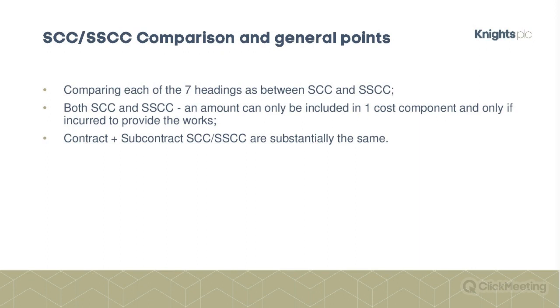Okay, just some comparisons and general points about the schedule and the shorter schedule. They both have the same 7 headings. For both, they specifically say that unfortunately you can only include one cost component in one of the headings.